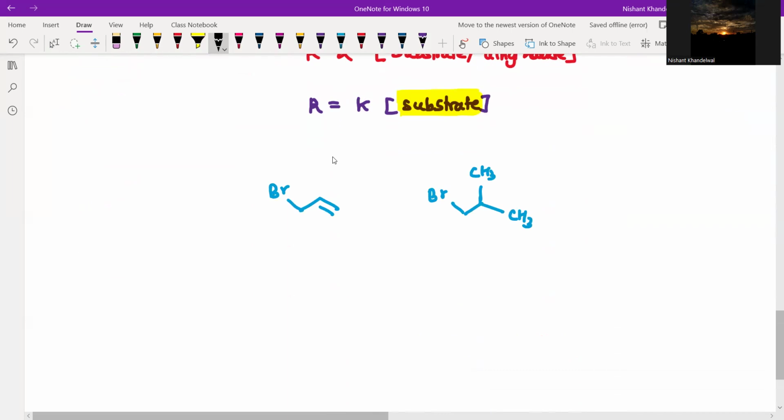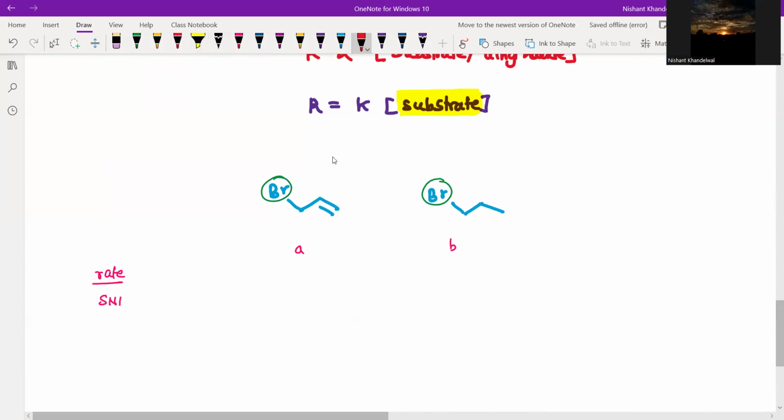Suppose this one. Yeah, we can take it like this. Now they are asking what is the effective rate of SN1 in these two? Which one of the following substrates will give a faster product? So how to check this?